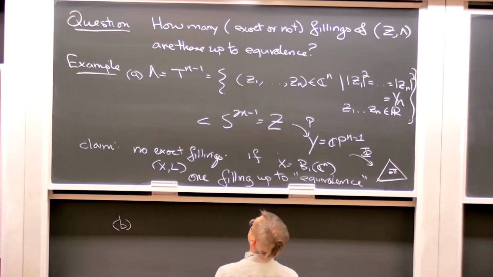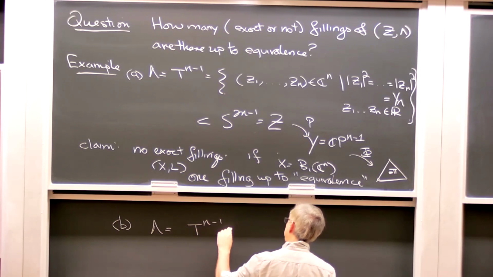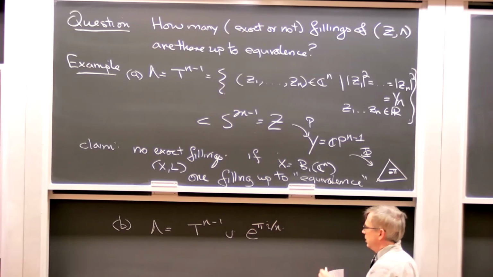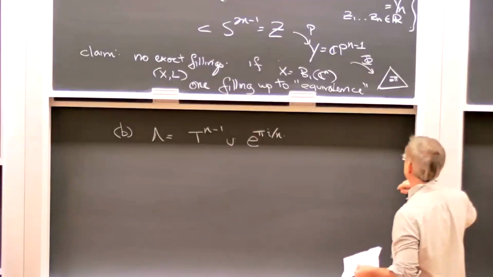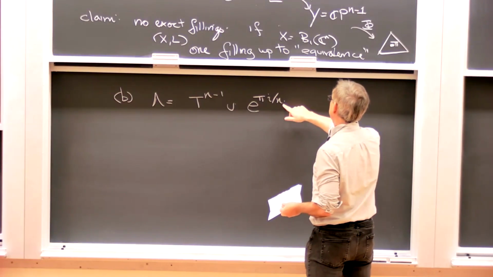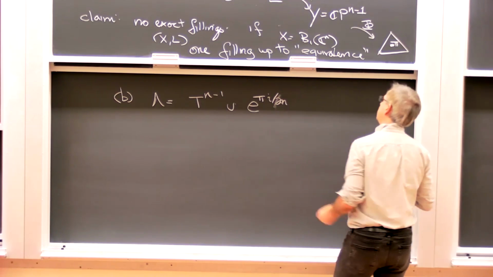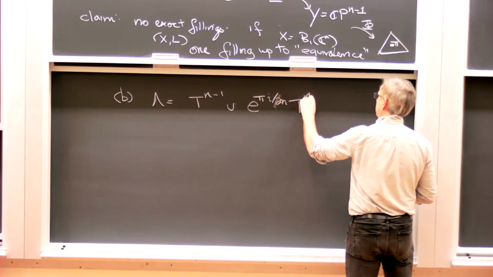And then B, I could just take the same n-1 torus, but I could multiply by some phase which doesn't preserve the equation that the product of the coordinates is real. I need a 2n here. So I could do something like this.